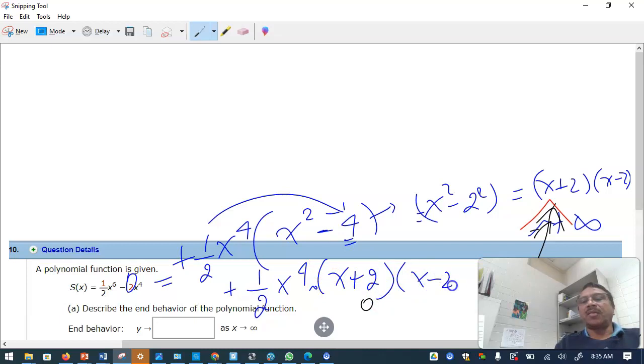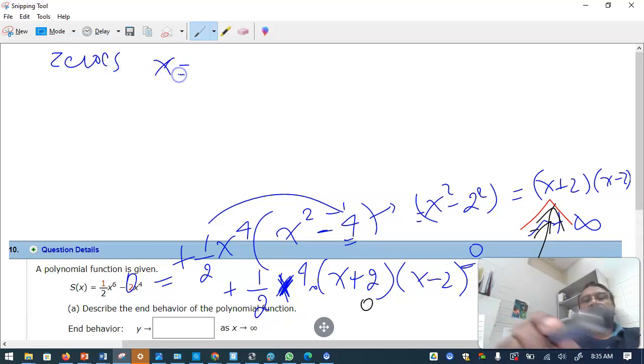The three zeros of the function: one is x equals, sorry, not x equals 4, x equals 0 here, with the multiplicity.